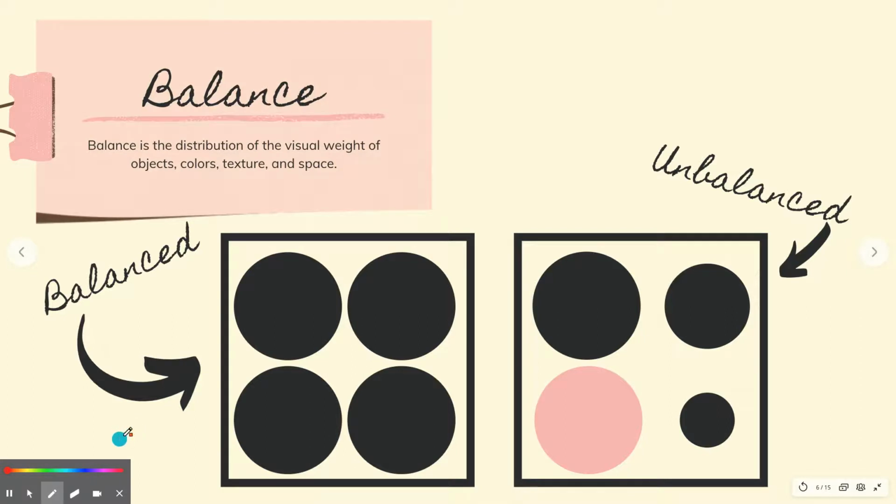Here's an oversimplification of what balance looks like. A balanced painting has something in all sections. They are all similar colors, similar shapes. An unbalanced painting may have something that draws your emphasis, draws your attention to one section. Maybe they do that with color. Maybe they do that with size.